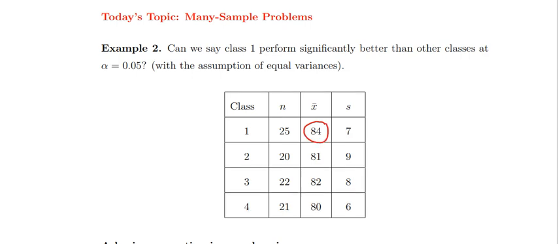We find the other classes are 81, 82, 80. So I really want to say my class performs better than the other classes, right? So can I say that?